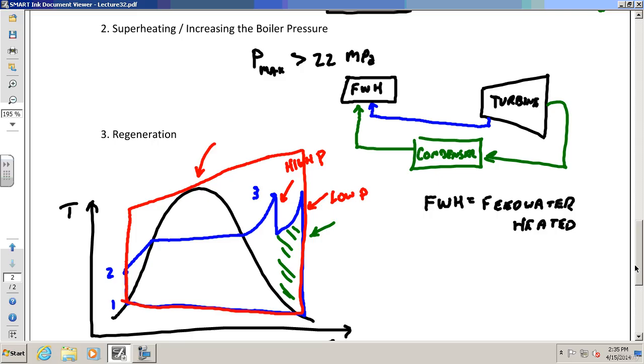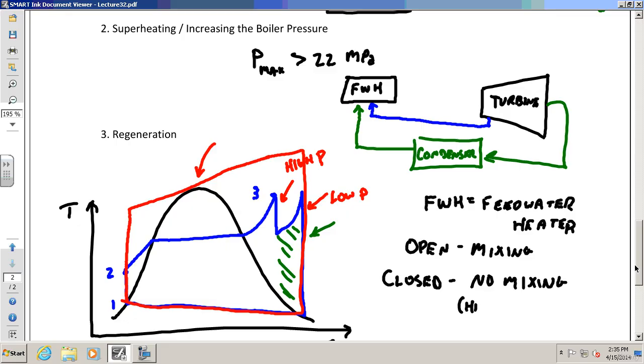These feed water heaters might be open, which means that they mix together, which means the mass flow out of the turbine might mix with the mass flow out of the condenser. They might have direct contact mixing, or it might be closed where there's no mixing, and that means they just exchange heat.